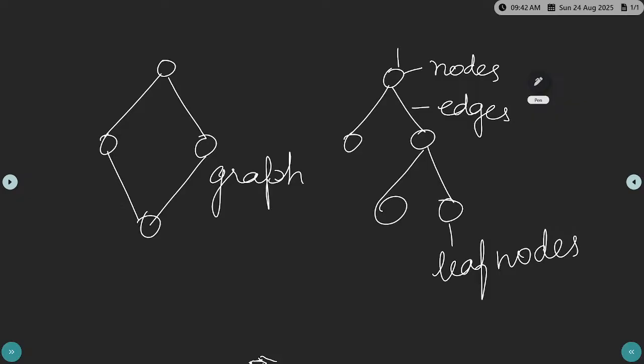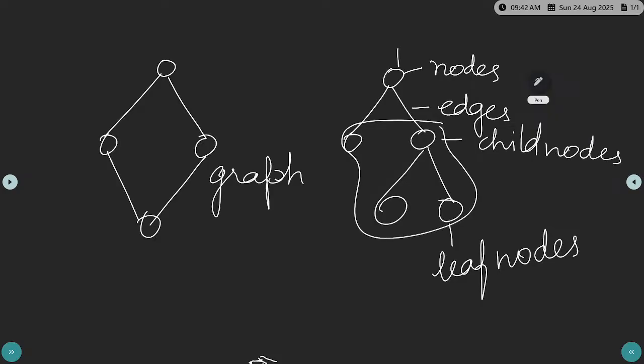So what are these nodes called as? They are called as child nodes. All these are called as child nodes, right? And these two are called as internal nodes.